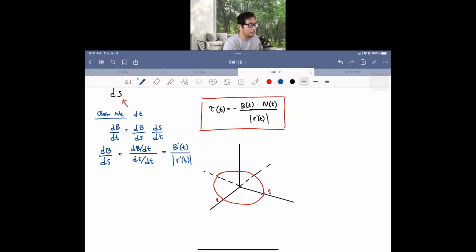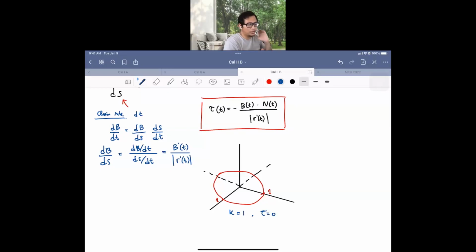Based on calculations, it has a constant curvature of 1, and there's no torsion, so we can say the torsion is 0, because it stays as it is.